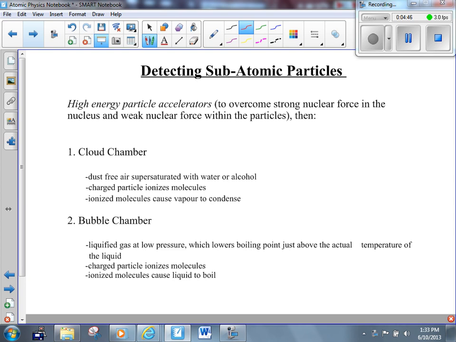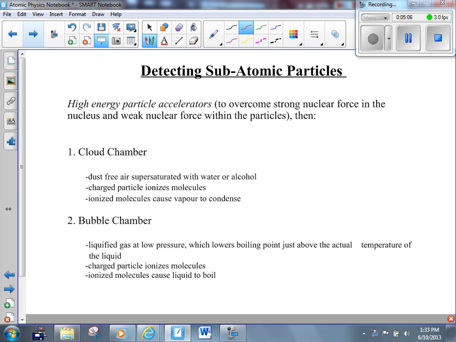It didn't take us all that long after Thomson and his cathode tube experiment to know that the atom consists of protons, neutrons, and electrons. But the next logical question is, what are they made out of? What are protons, neutrons, and electrons made out of?